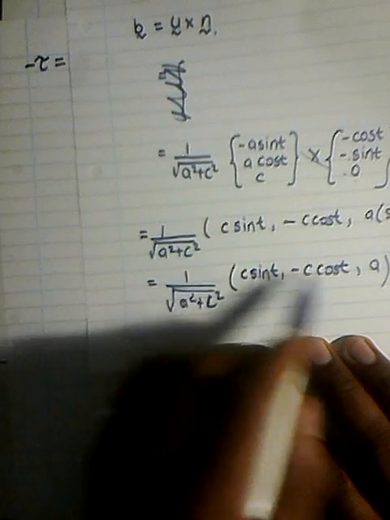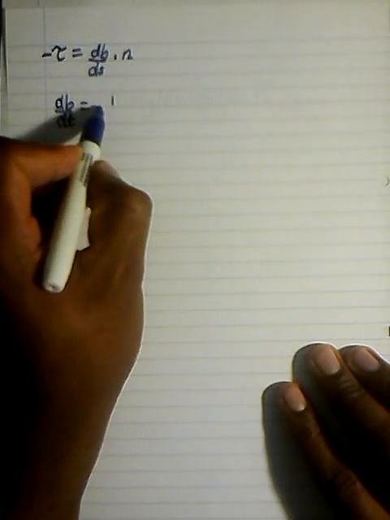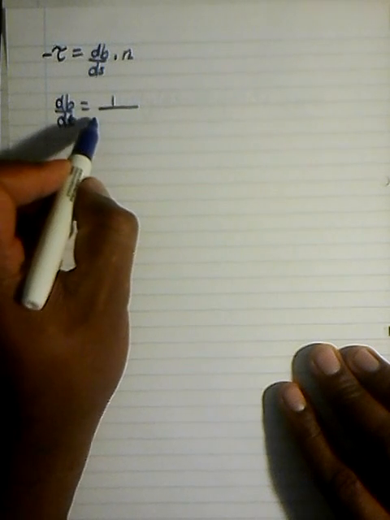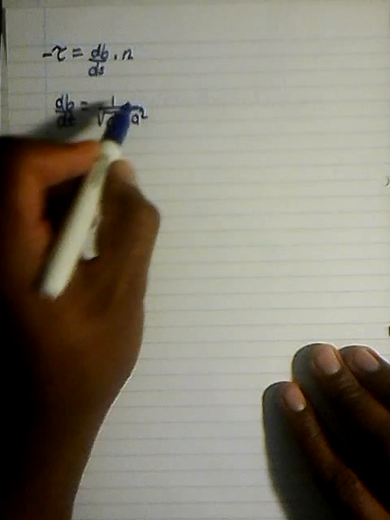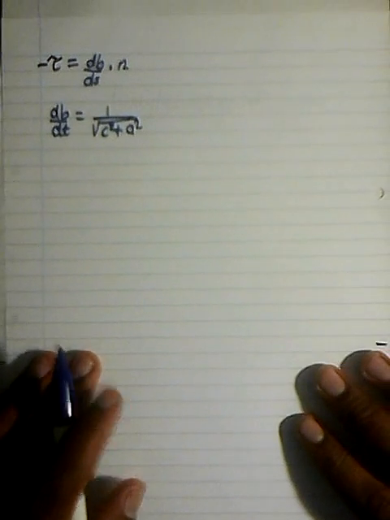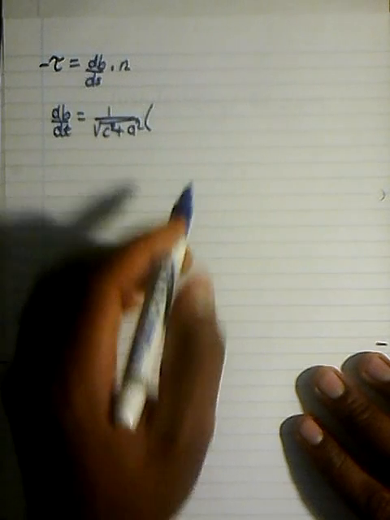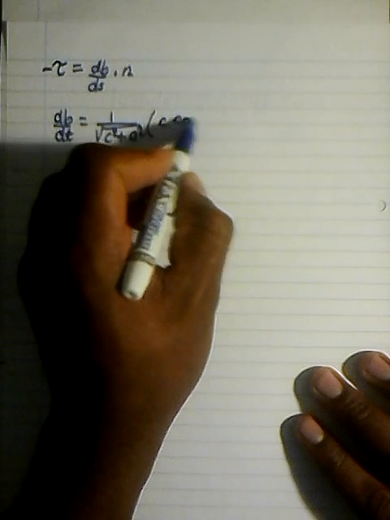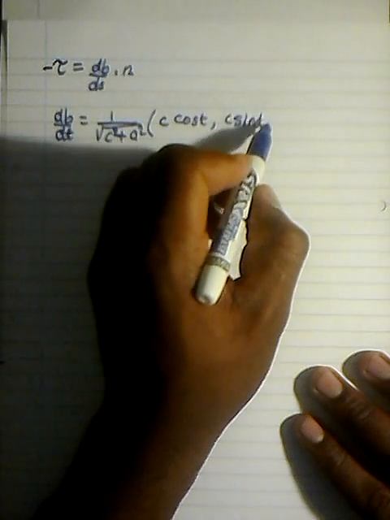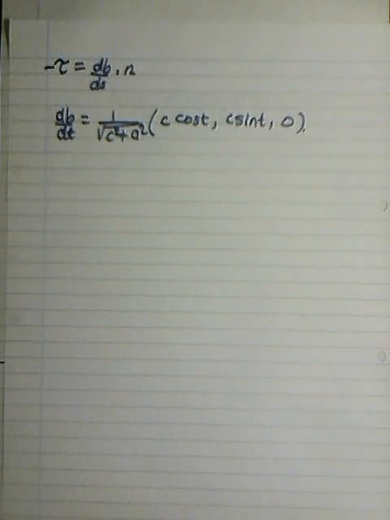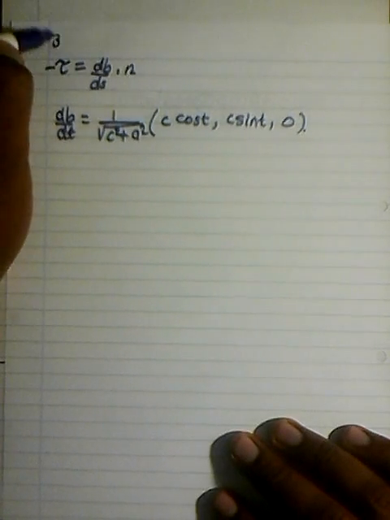Having this as our b, dB dt is equal to 1 over the square root of c squared plus a squared, multiplied by c cos t, c sine t, and 0. This is that part of the question.